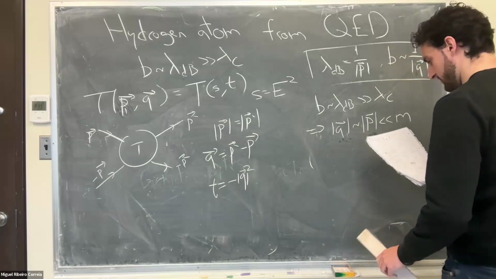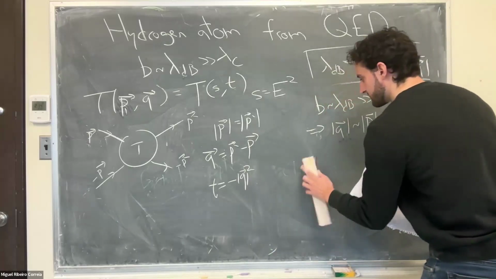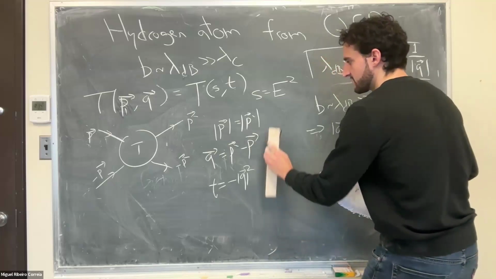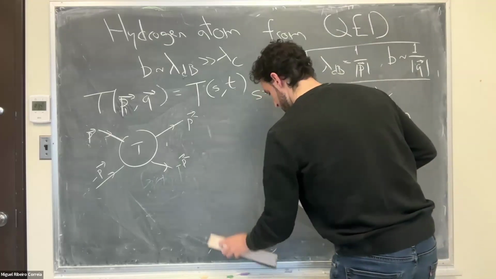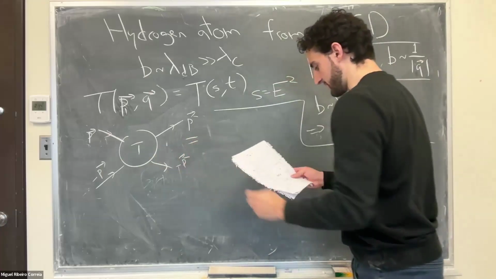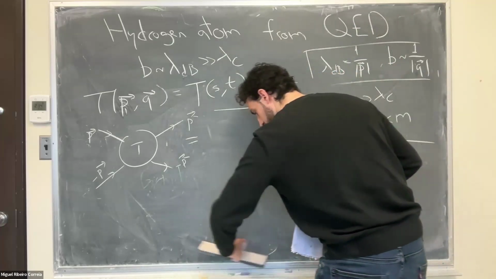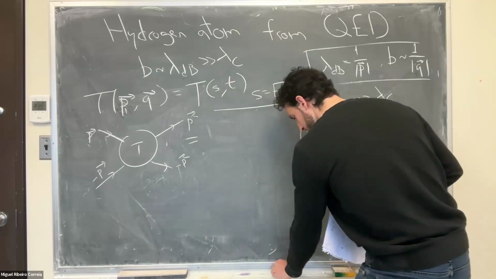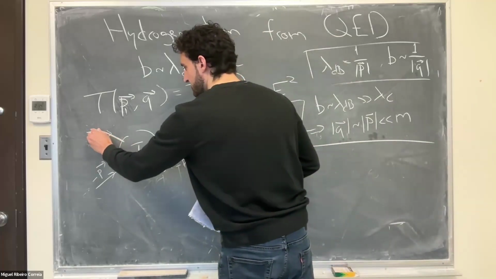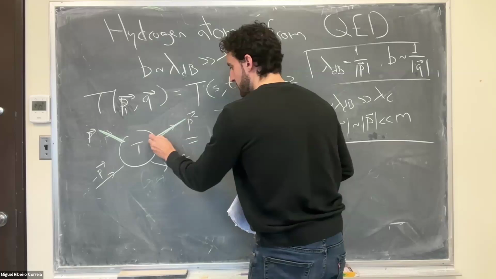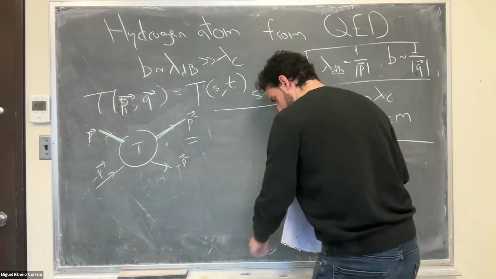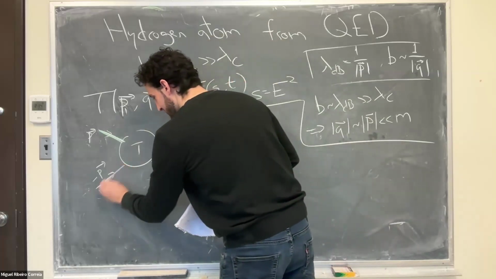So what do you do? When you compute Feynman diagrams, let's do colors actually. Usually it would be red and blue, but I don't have red and blue.